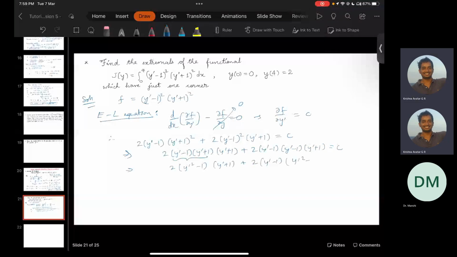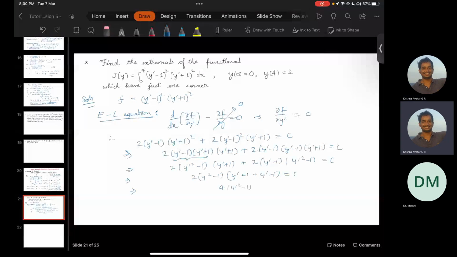Now we take 2 into y prime squared minus 1 as constant. So we'll have 2 as a common factor. So it's y prime squared minus 1 into y prime plus 1 plus y prime minus 1 is equal to constant. So this gives us 4 into y prime squared minus 1, and this minus 1 cancels out.